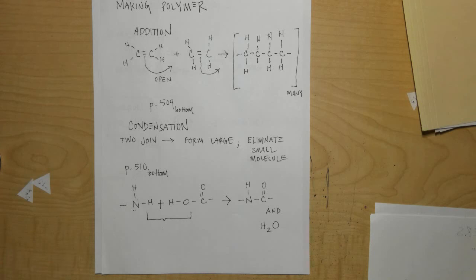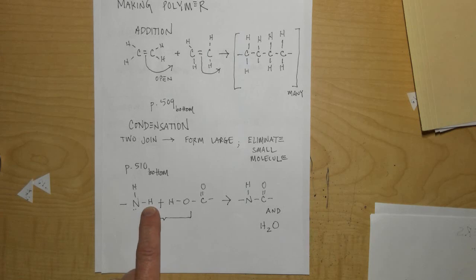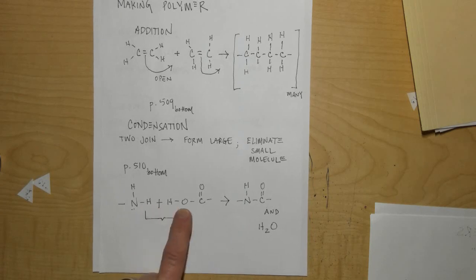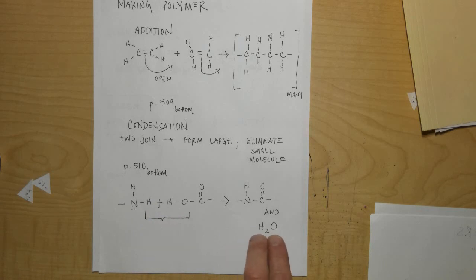Nylon is one of those. And you can see in this one, you would take the H from here, the OH from here, pull those apart and eliminate that small molecule called water, and then you would stick the N and the C together. So you'd get an NHCO, NHCO, NHCO, and just put those together in a super long chain and make a long polymer.